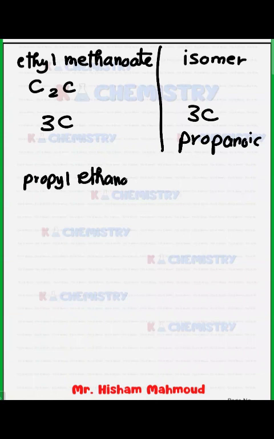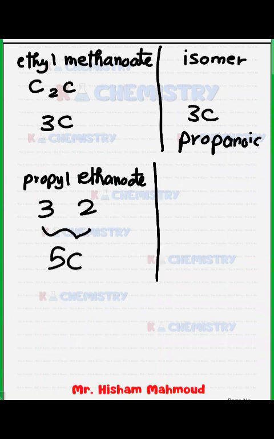The propyl ethanoate has 3 carbons from the propyl and 2 from the ethanoate. So the total is 5. So it can be an isomer with a carboxylic acid that contains 5 carbons, which is the pentanoic acid. You can try practicing that one, and our PDF will also contain a question which came in a past paper for that part.